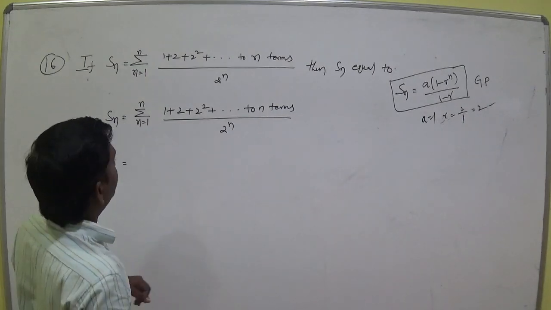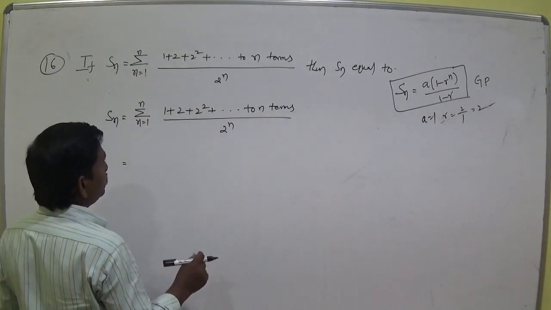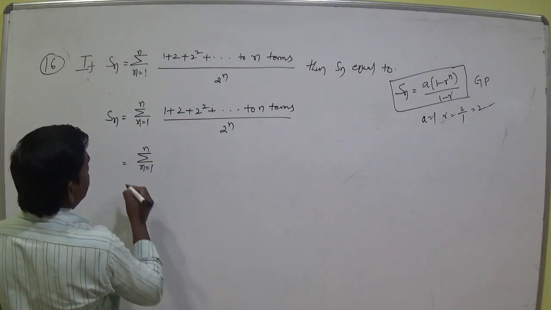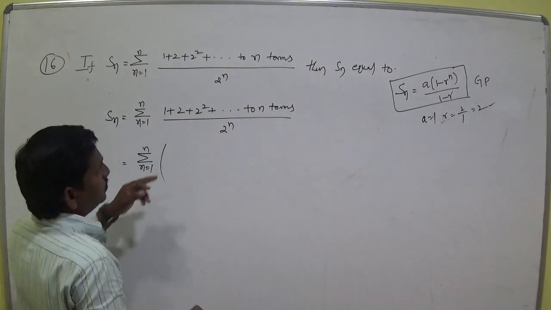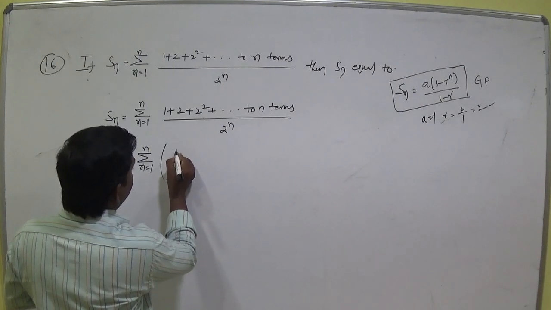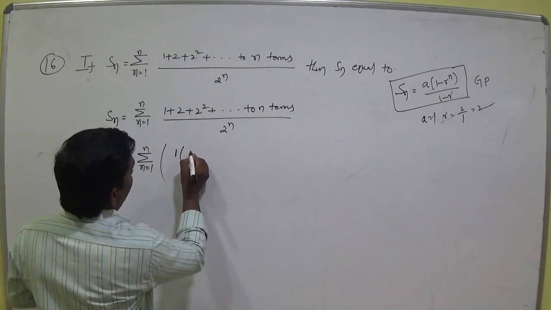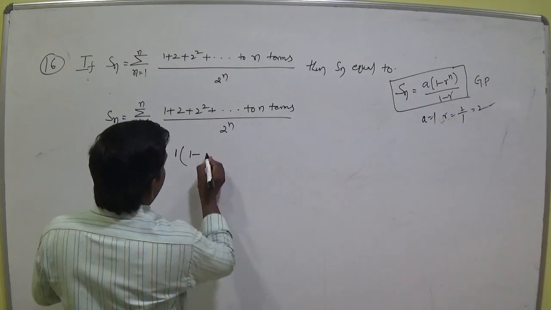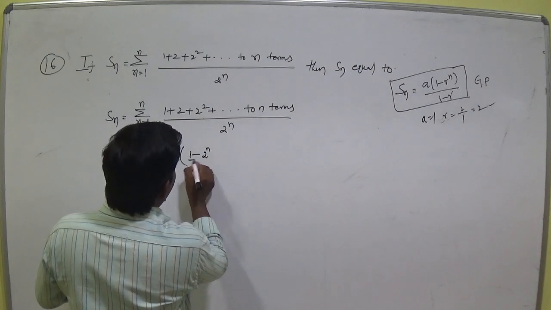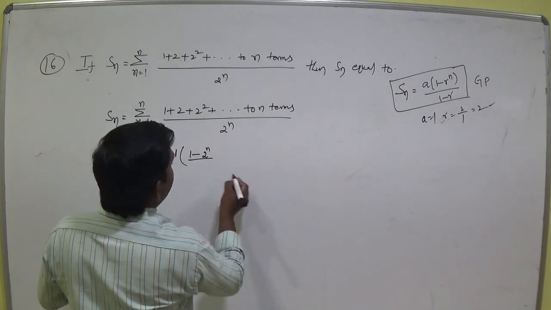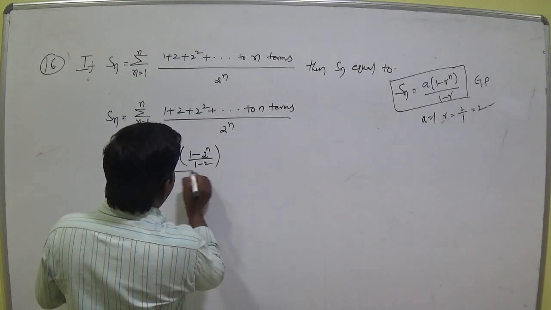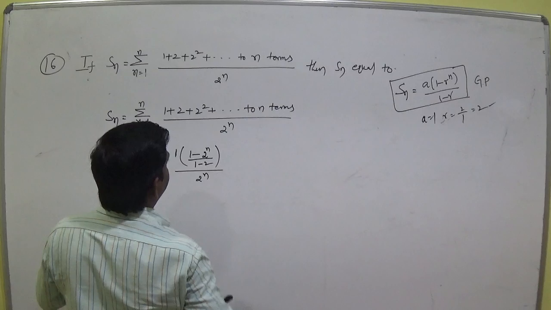So take the formula: sigma n equal to 1 to n, A means 1 into 1 minus r means 2 power n, by 1 minus r, 1 minus 2, by 2 power n.